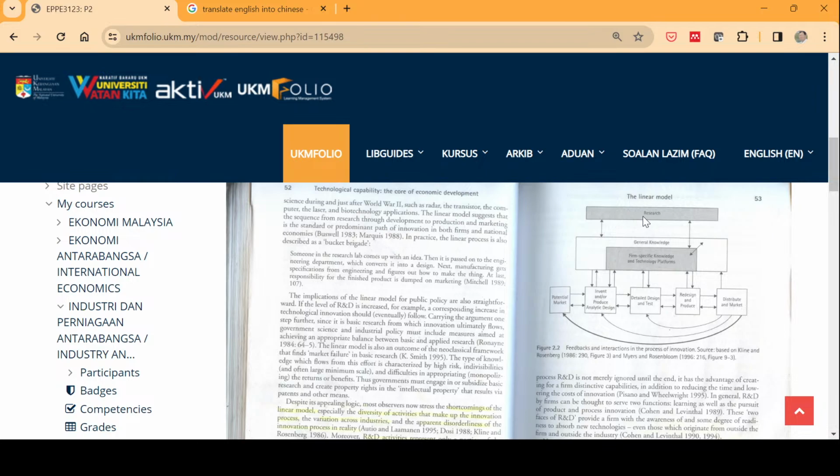Many firms will not do basic research. They will do applied research only, because of the return. Monetary return is very little, or maybe zero, because the output from basic research will become public goods.